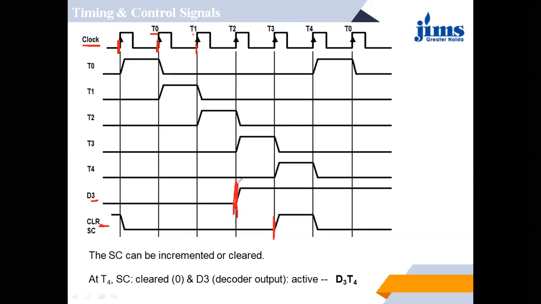If I want to clear D3, in that case our signals, meaning the clock, should also be high. When I have to transfer clear to D3, or clear the content, at that time the clock should be high and this should be high.